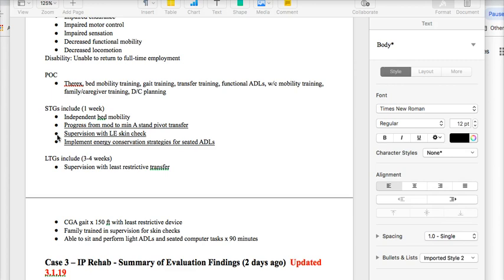So key here is you're performing mod assist, perhaps, and I'm thinking big picture, not max assist transfers, but a transfer where the patient is able to participate as much as possible.